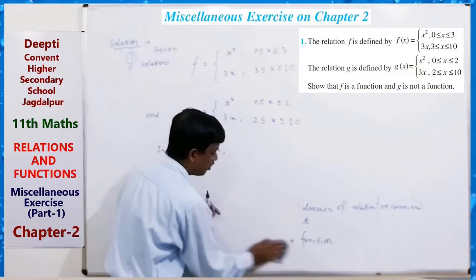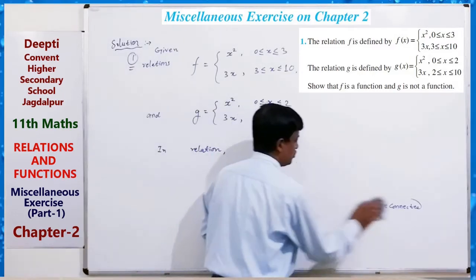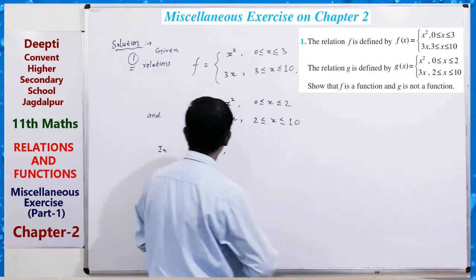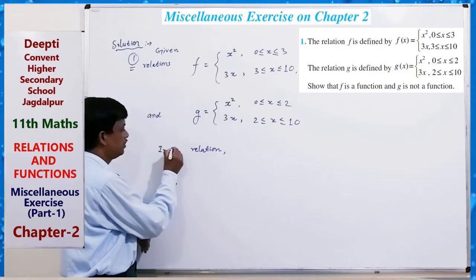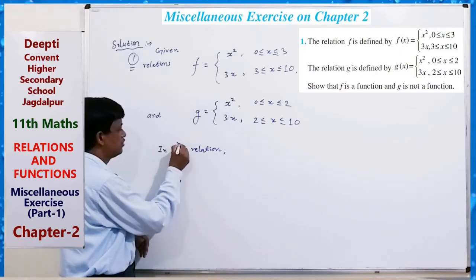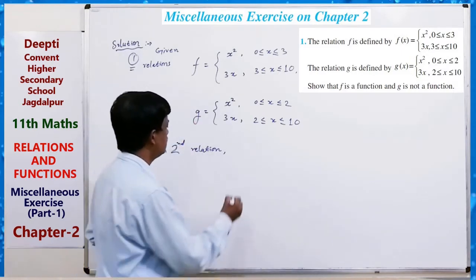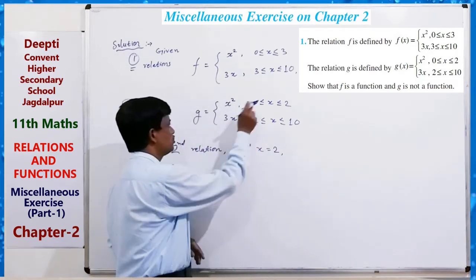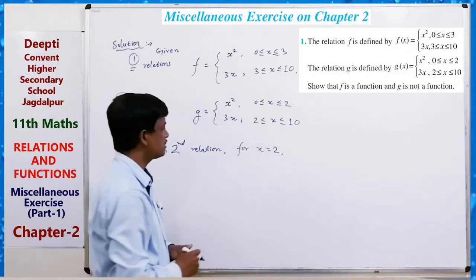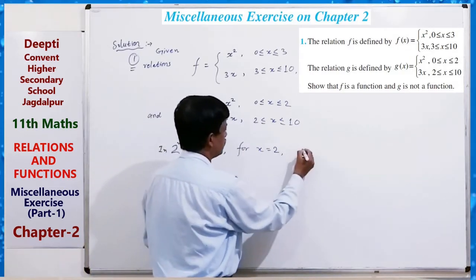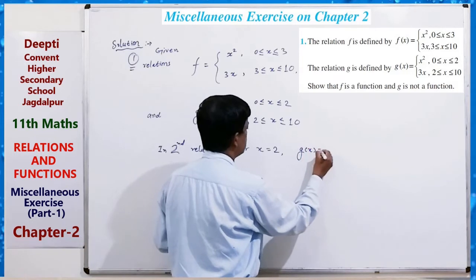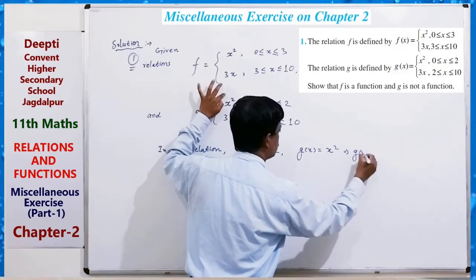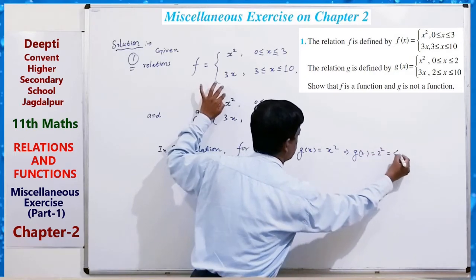So for x equals 2, what is the value of gx from both places? In the second relation, for x equals 2, gx equals x square, which implies g2 equals 2 square equals 4.